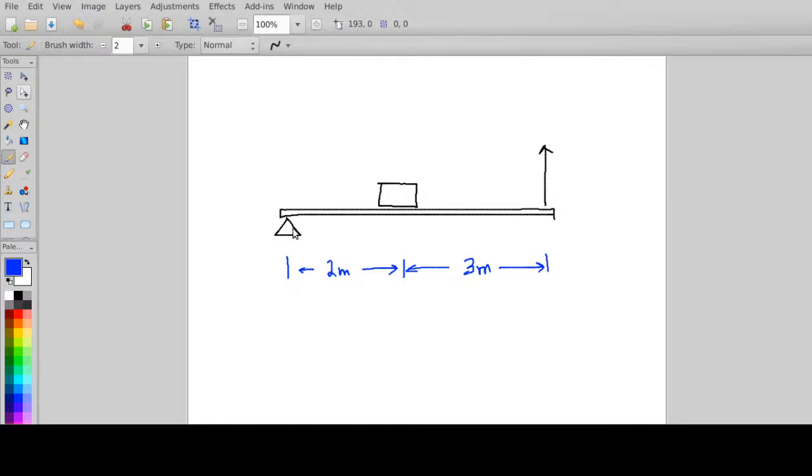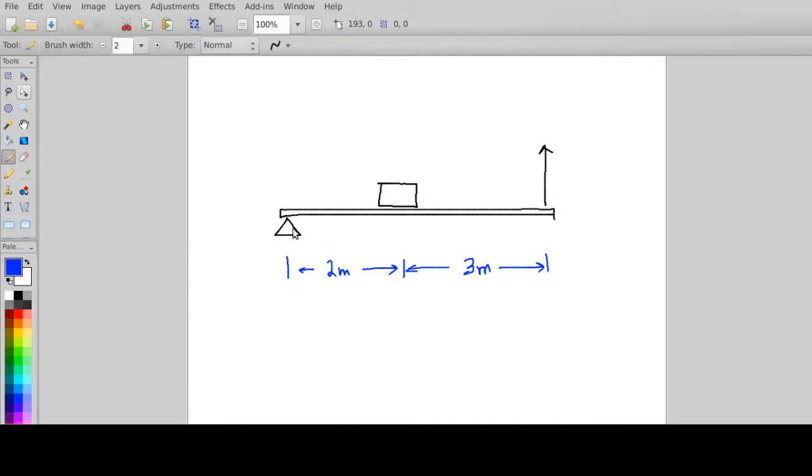If the torque is not 0, then the object will start to rotate. It'll start to angularly accelerate. Okay, so both of those have to be true. Both the sum of the forces has to equal 0, and the sum of the torques has to equal 0.